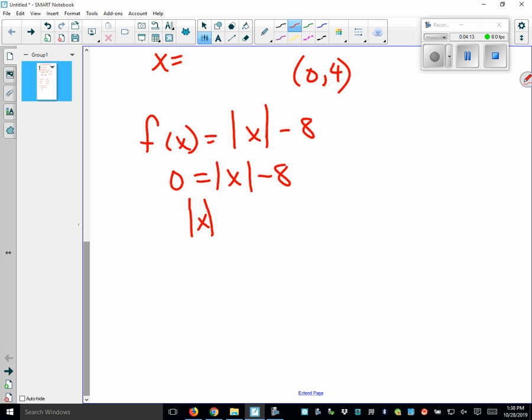Does the absolute value of x equal 8? Yes. What does x have to be? 8 or -8? So the x-intercept is (8, 0) and (-8, 0). Correct? How do I find the y-intercept? Y is -8. So (0, -8). Right?